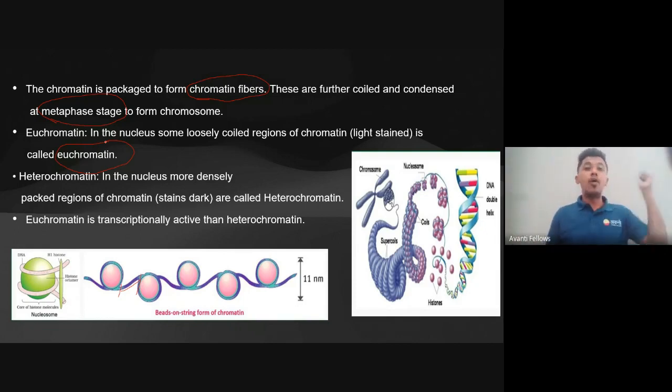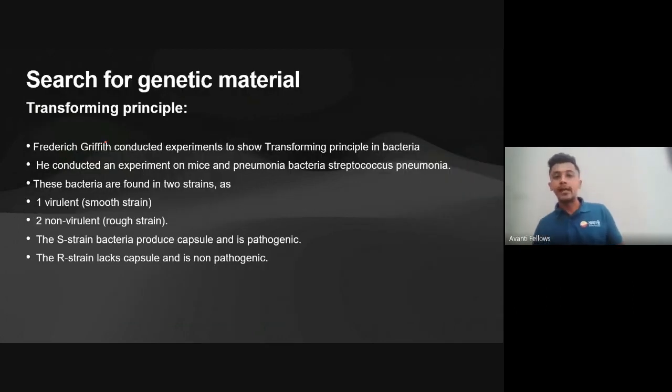This evolved unwanted DNA is just packed into heterochromatin, and that is how we accumulated such volumes of unwanted DNA in our biological system. So that is the explanation for heterochromatin. Understood? So this is about packing of DNA in our eukaryotes.